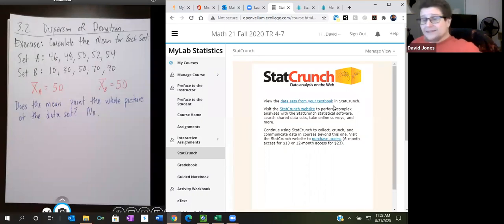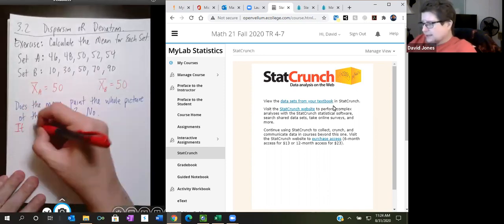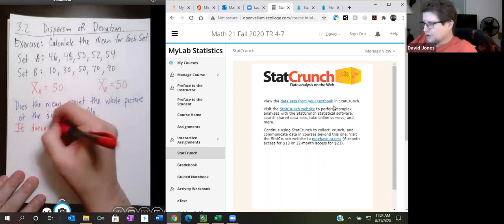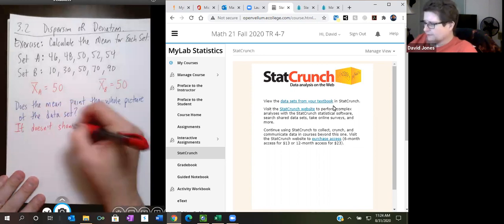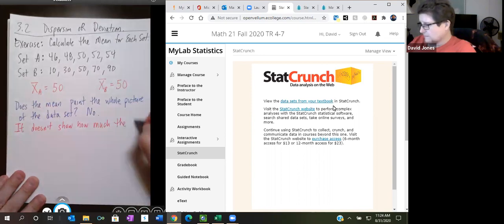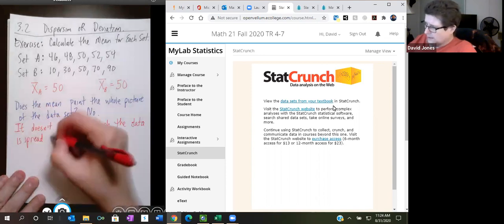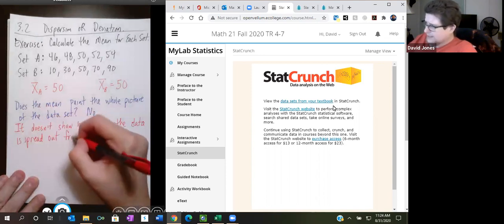But they both have the same mean. So this doesn't paint the whole picture. It doesn't really show how much the data is spread out from the center, or mean.